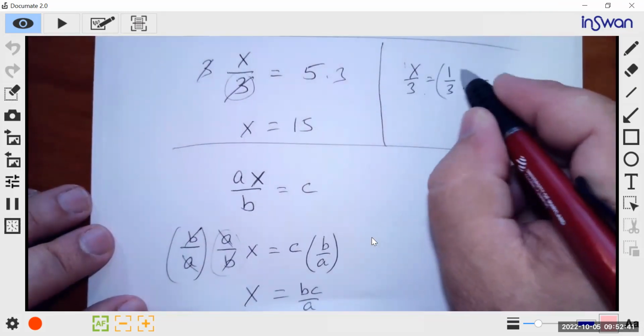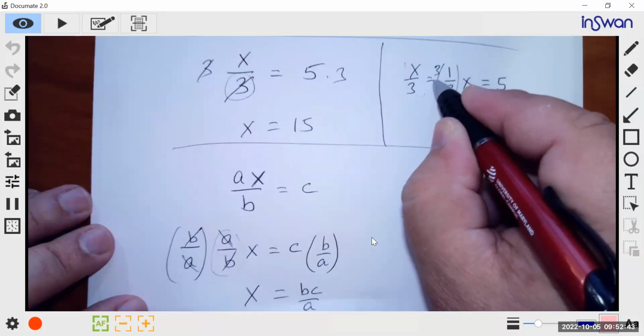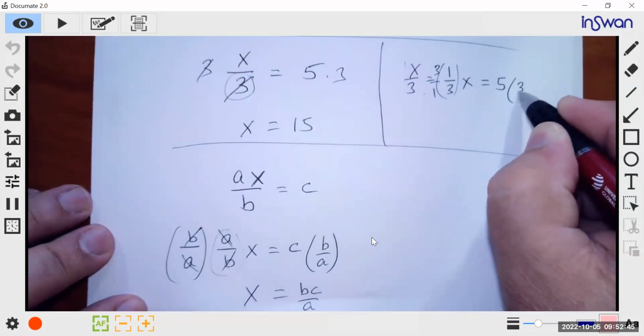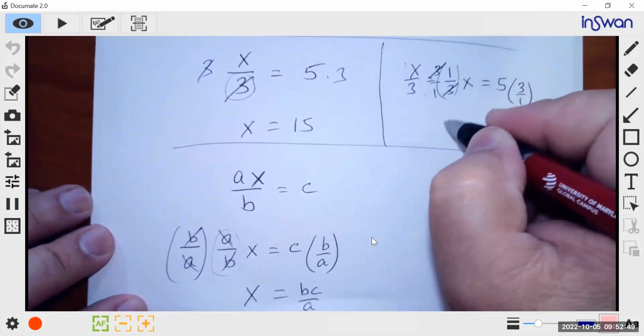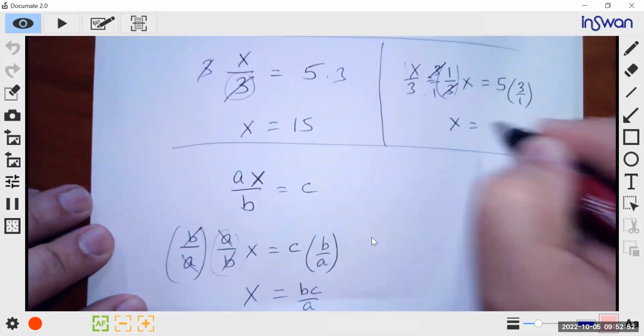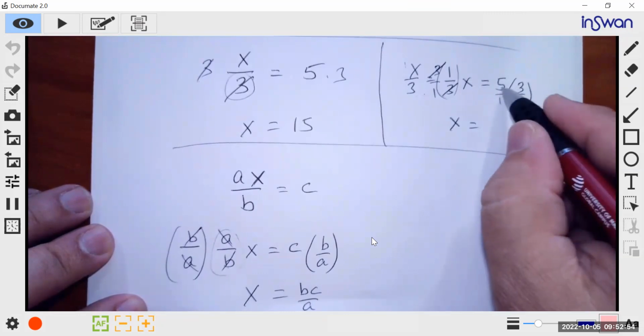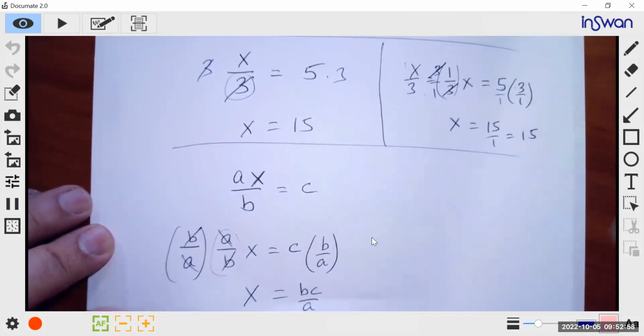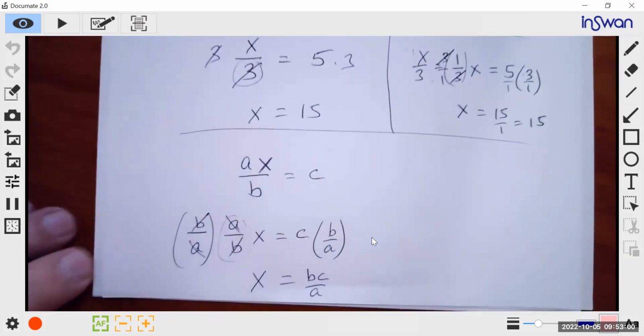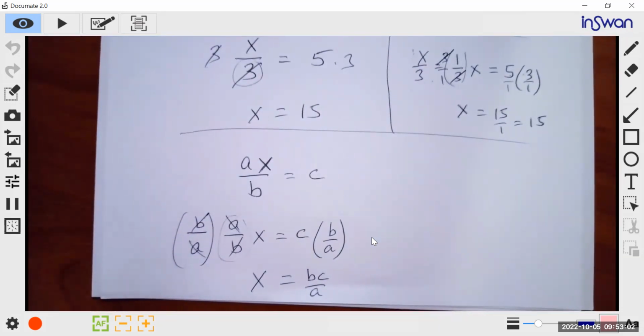Yeah. 3 over 1. 3 over 1. The 3's cancel. So we have x. 5 times 3 is 15 over 1 is 15. So whatever you have as a coefficient of x, you simply multiply by the reciprocal of it to both sides.